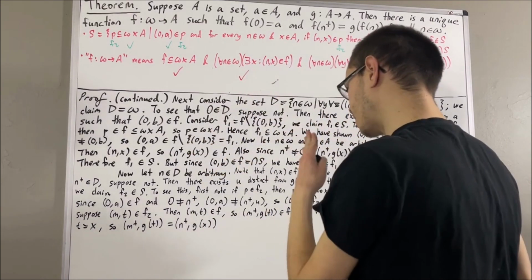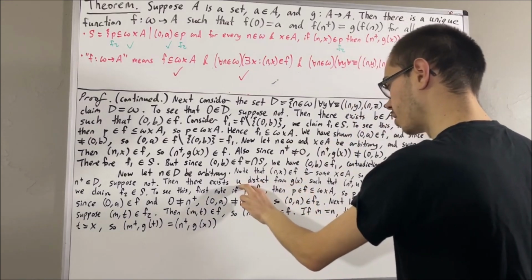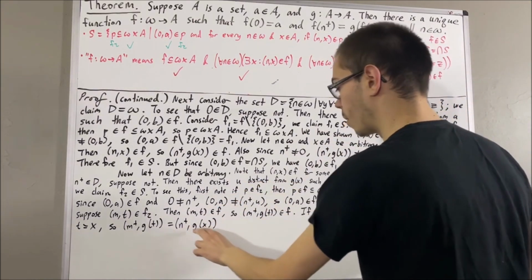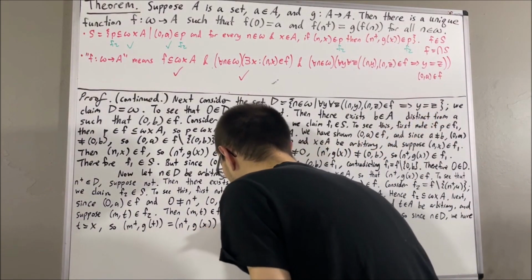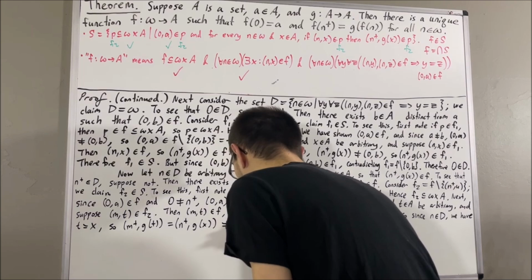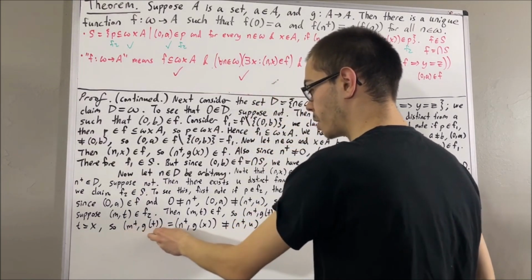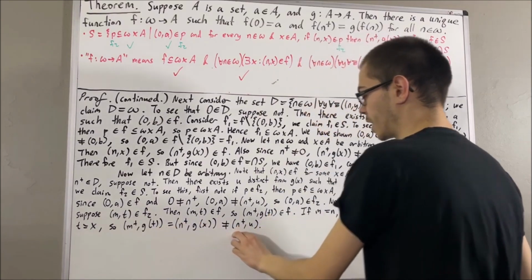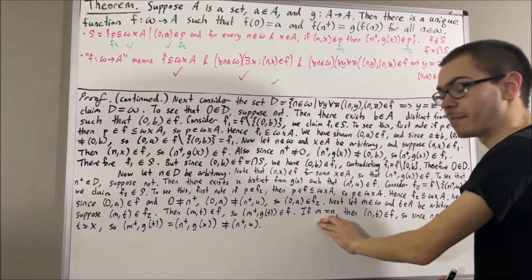And since we know g of x and u are distinct, there's no way that successor of n comma g of x could be equal to successor of n comma u. So this is distinct from successor of n comma u. So we've shown that successor of n comma g of t is distinct from successor of n comma u, which is what we wanted to show, right? This completes the case m is equal to n.